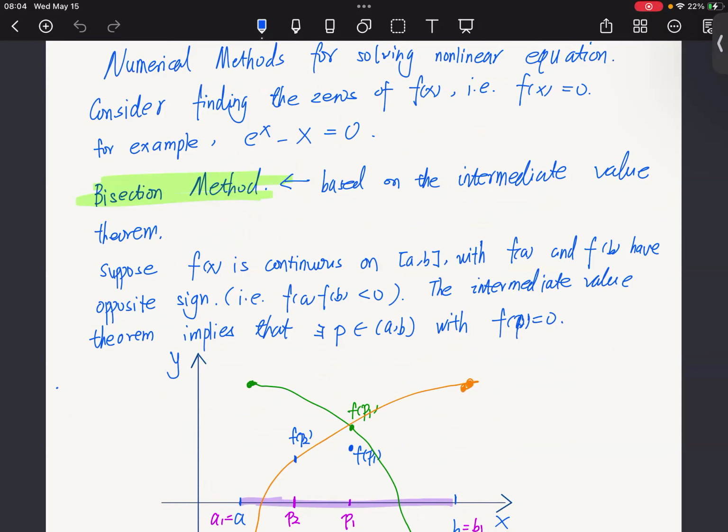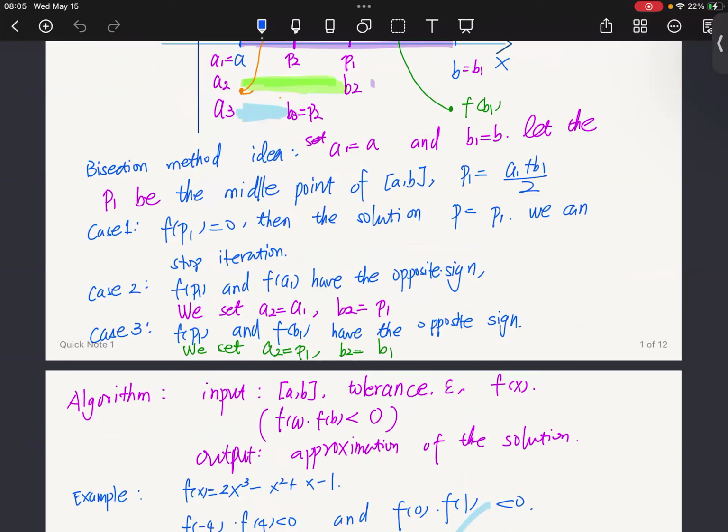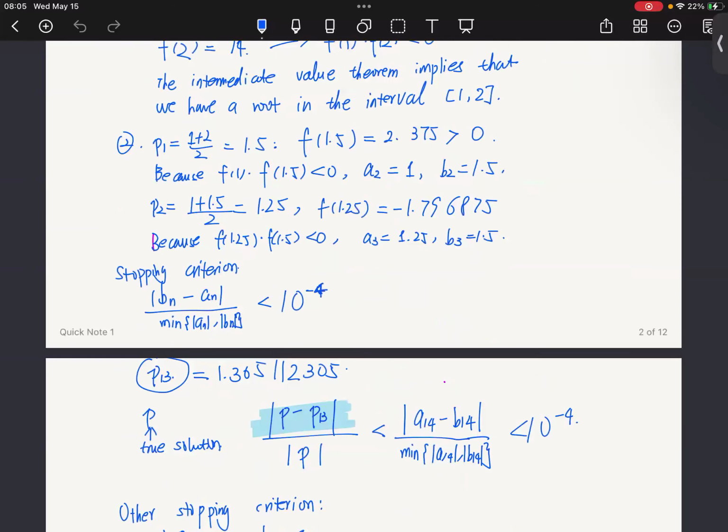One is the bisection method, which means that you divide the interval into two parts and get the middle point, then compare the values at the endpoints and the middle point, take the side with opposite signs, and let it be the new interval to find the root of the problem. And this is the bisection method.